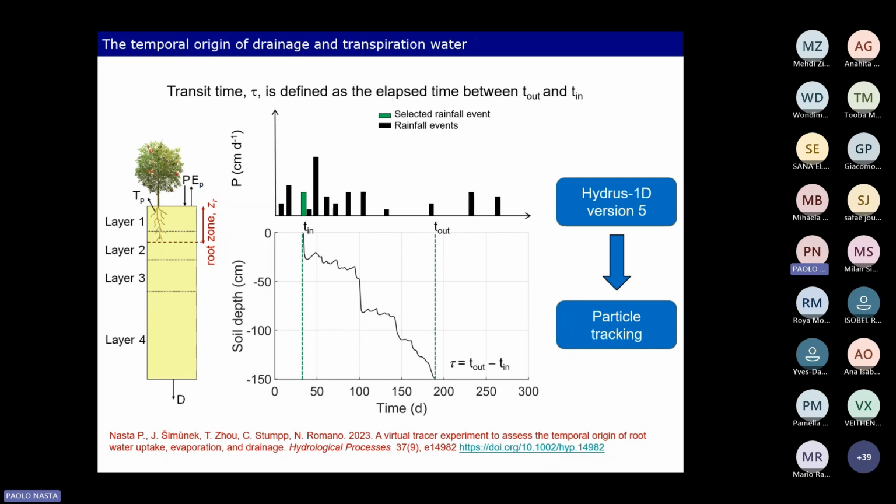And so in the paper published in 2023, we compared travel times calculated from tracer transport and transit times obtained from particle tracking. Very interesting, but particle tracking is in the new version of Hydrus 1D that requires the license. Today, I remind you that we are going to use the old version of Hydrus 1D, which is free for everyone.